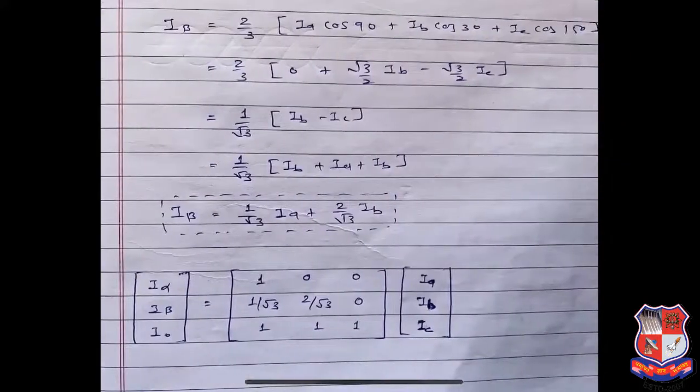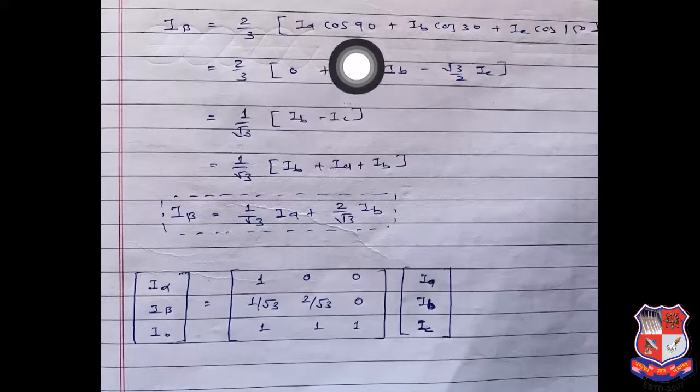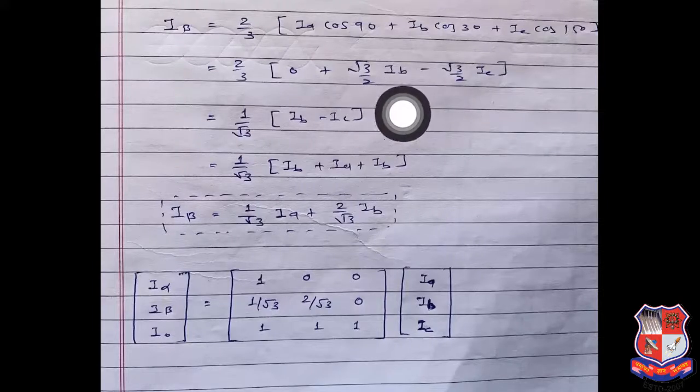So it is given by 2 by 3, cos 90 is equal to 0, cos 30 is equal to root 3 by 2 IB, minus IC cos 150 is again minus root 3 by 2. So we can say 1 by root 3 common out, IB minus IC. So it is given by 1 by root 3 IB plus IA plus IB. Put the value of minus IC equal to IA plus IB. So I beta is equal to 1 by root 3 IA plus 2 by root 3 IB.